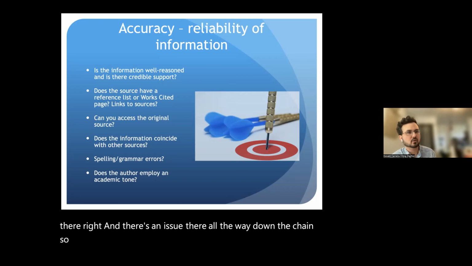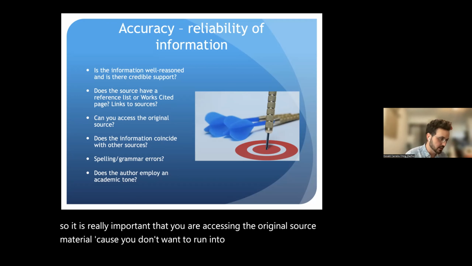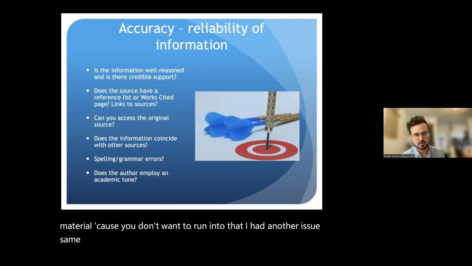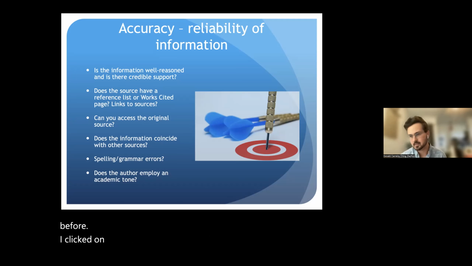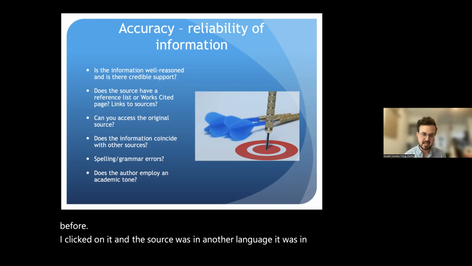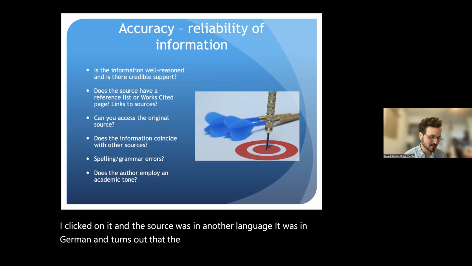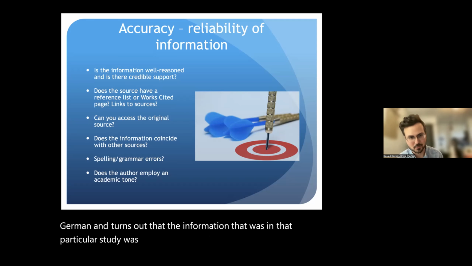So it is really important that you are accessing the original source material, because you don't want to run into that. I had another issue, the same kind of situation. The source seemed really interesting, really different. I hadn't seen it before. I clicked on it and the source was in another language. It was in German. It turns out the information in that particular study was being misrepresented by the source.